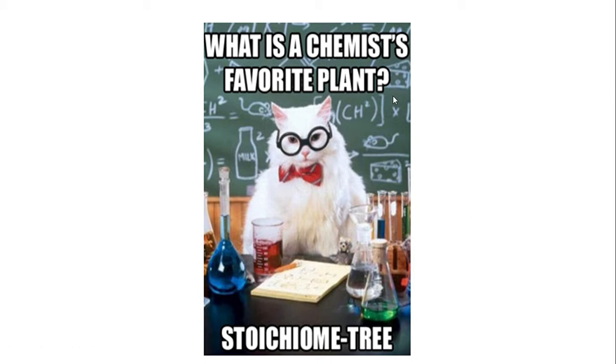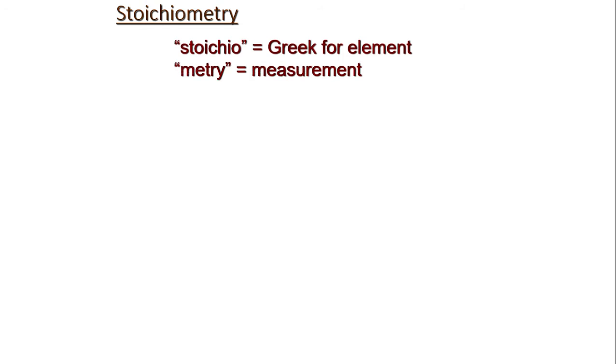So when we say stoichiometry, if we dissect this word into two, stoichio and metry. Stoichio is a Greek word for element, and metry is the Greek word for measurement.